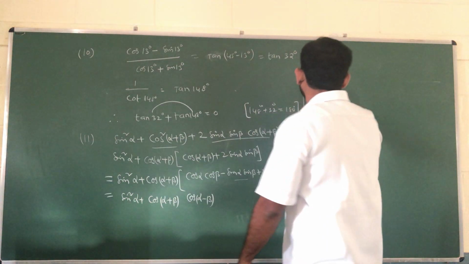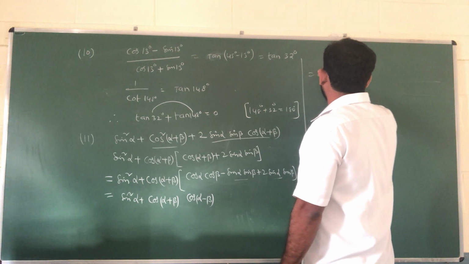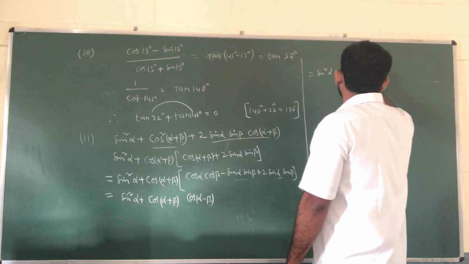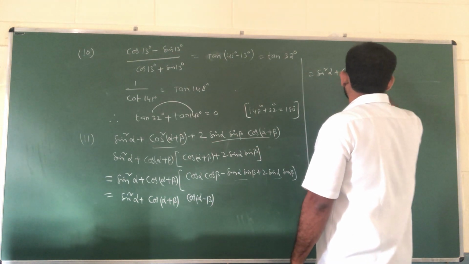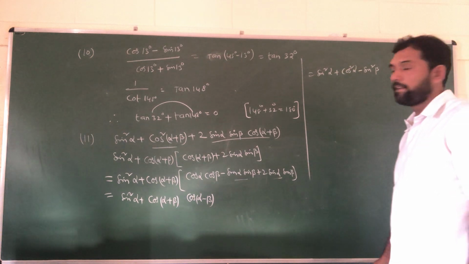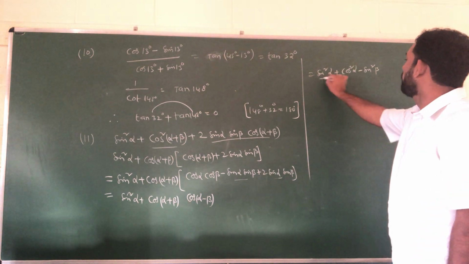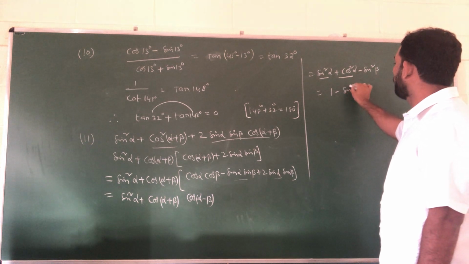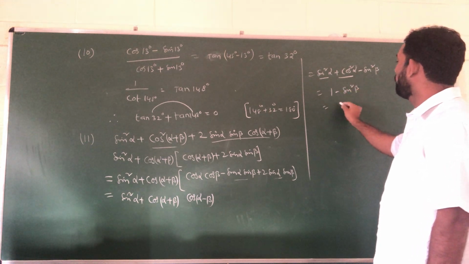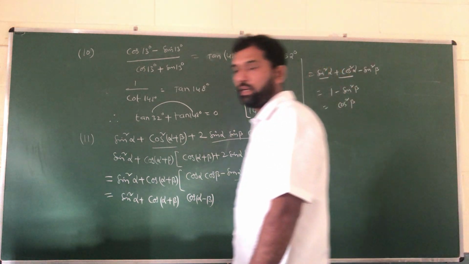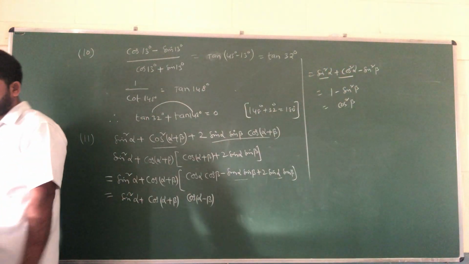So sin square alpha plus cos square alpha minus sin square alpha sin square beta. Understand this one? So that is remaining. Sin square alpha plus cos square alpha is 1, minus sin square beta. 1 minus sin square beta means cos square beta. Cos square beta is your answer.